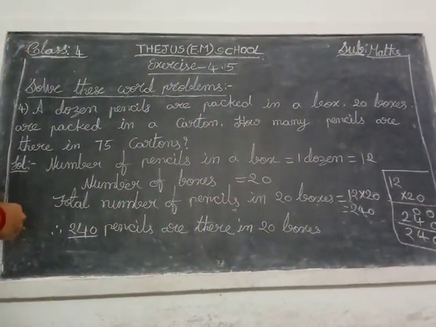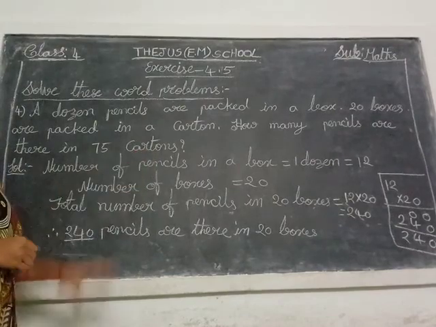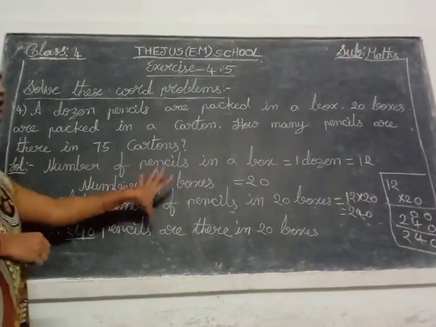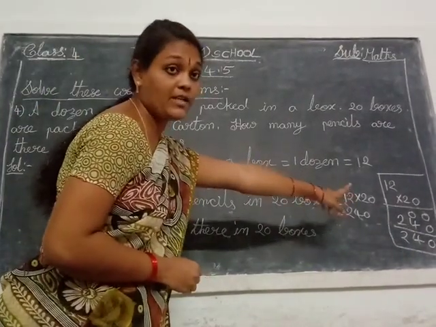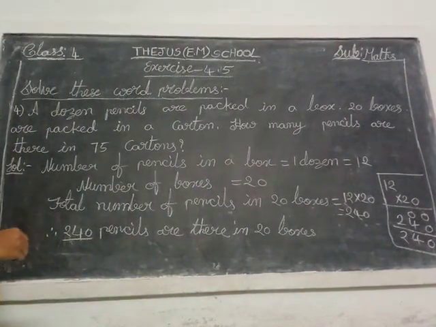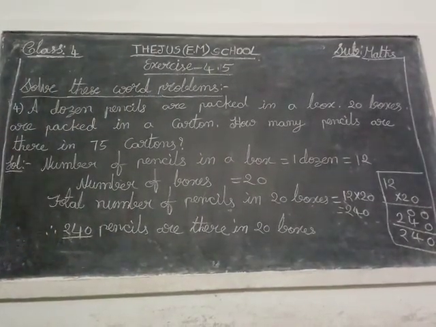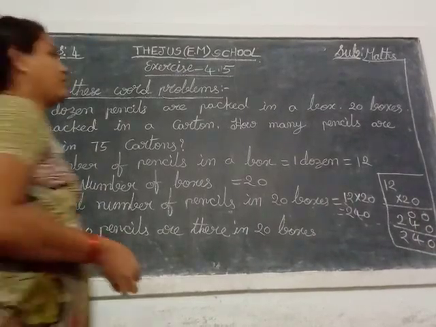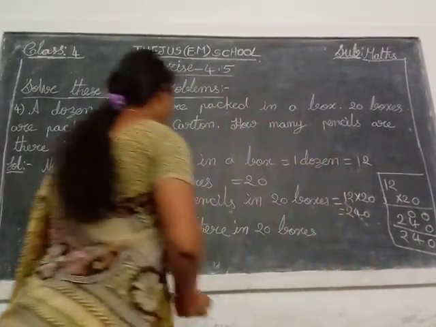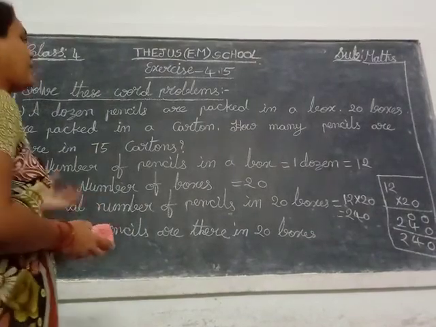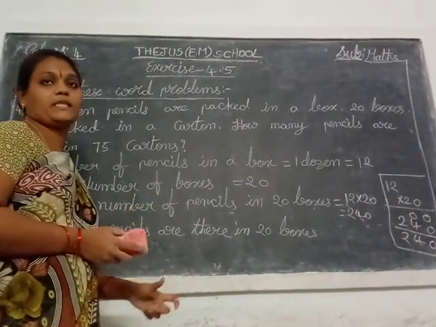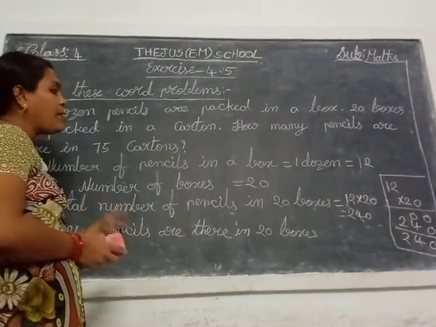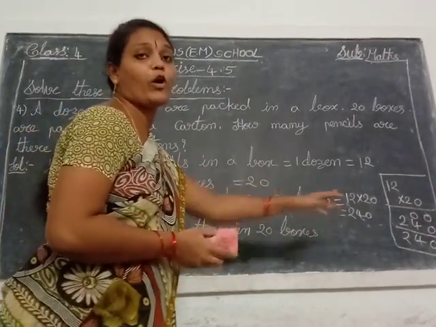Okay, children. First you note this part and do the multiplication in your rough place. Okay, children, erase. Now first you found only the dozen pencils in 20 boxes. Total how many pencils in 20 boxes? 240 pencils.